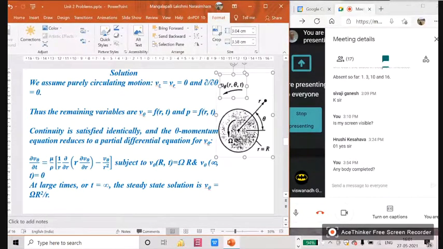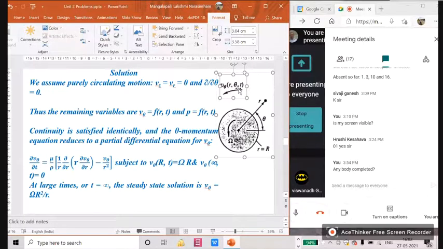Now, this is the radial direction. This is the radial direction. And this is the cylinder. This is a solid cylinder. So the cylinder is rotating with an angular velocity omega. So outside the entire thing, the velocity will be v theta.